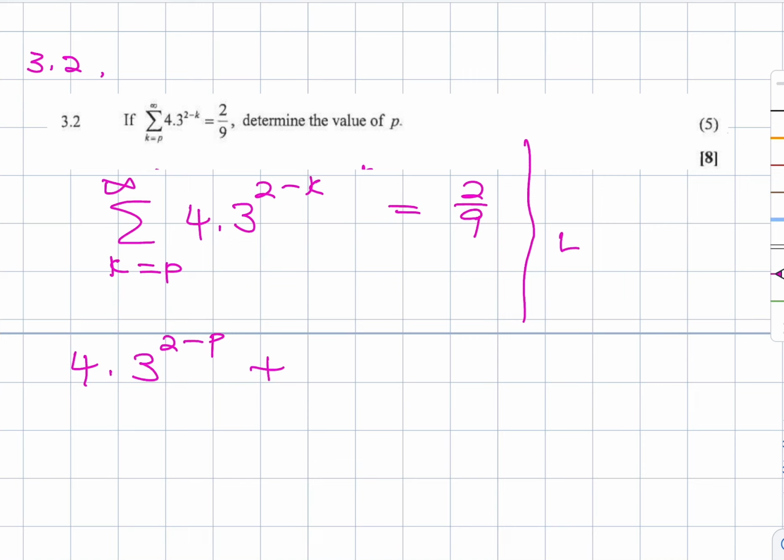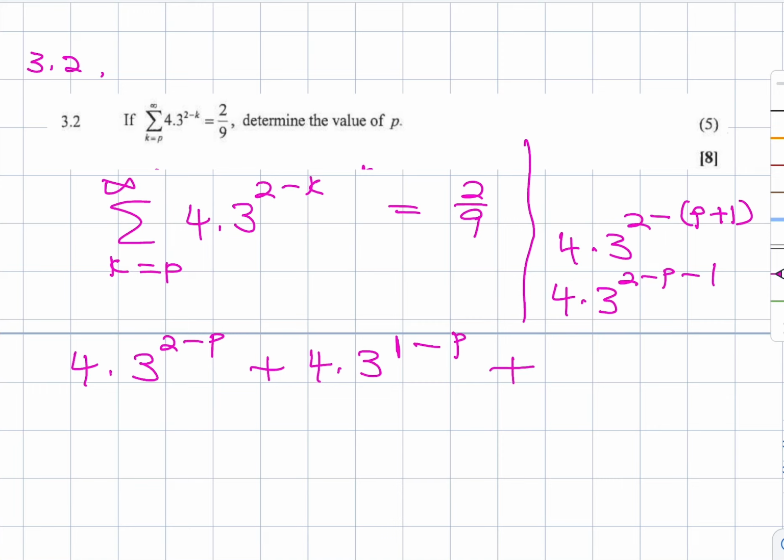It's going to be 4 times 3 to the power 2 minus, you're separating p plus 1 now. So put a bracket, p plus 1, which is 4 times 3 to the power 2 minus p minus 1, which will be 4 times 3 to the power 2 minus 1 will give us 1, minus p. So that's the second term.